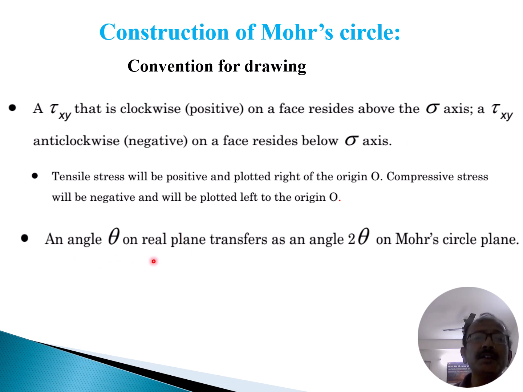Angle theta on the real plane transfers into 2 theta on the Mohr circle plane. So in real cases, if the angle is theta, when we plot in the Mohr circle plane, that angle will be doubled, that is 2 theta.